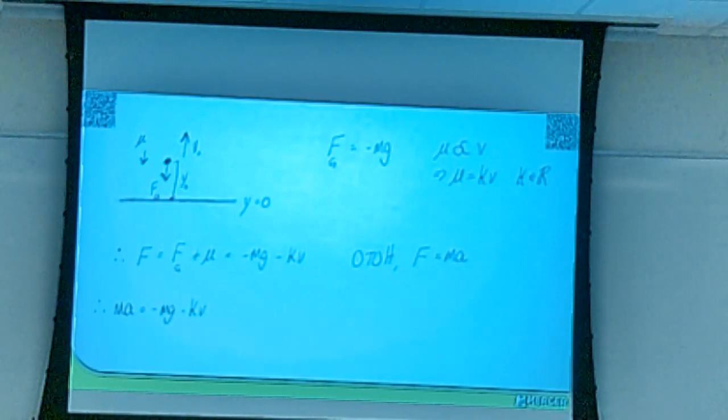But acceleration is what? What is acceleration? Change in velocity.